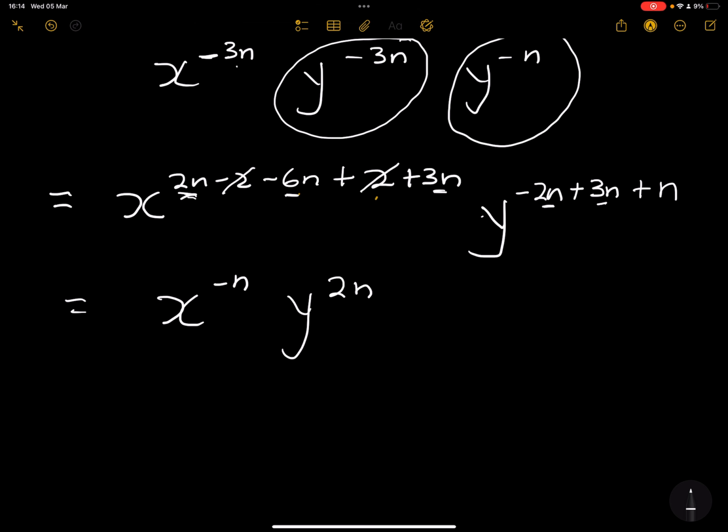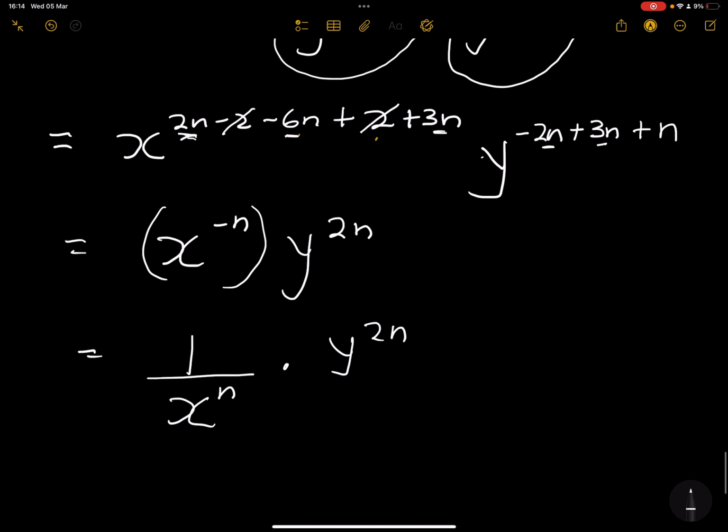If you really wanted to have only positive exponents, now you remember, if we've got x to the minus n, we can write this as 1 over x to the exponent n multiplied by y to the exponent 2n divided by 1.